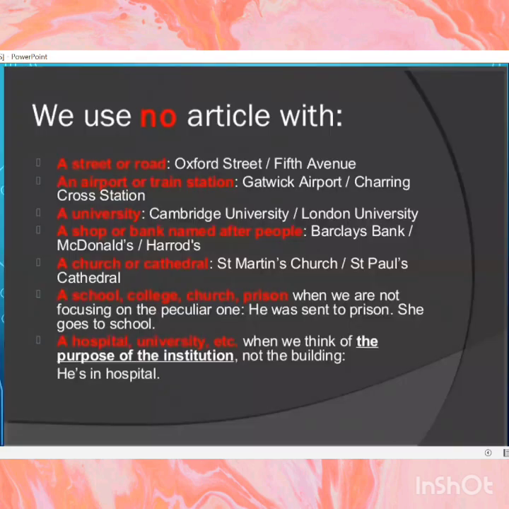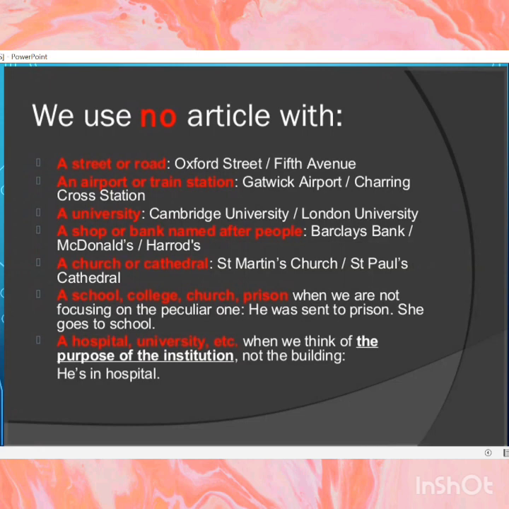So we use no article with a street or road, Oxford Street or Fifth Avenue. We do not use an article with an airport or train station, for example, Gatwick Airport, Charing Cross Station, or a university, Cambridge University, London University, Delhi University. Nor with a shop or bank named after people, for example, Barclays Bank, McDonald's or Harrods.